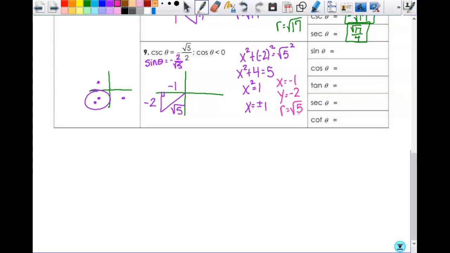All right, we good? Where'd I lose you? Yes, sine is whatever. So you go ahead and fill in the rest of those while I hand out the assignments, and then we will see if we agree.